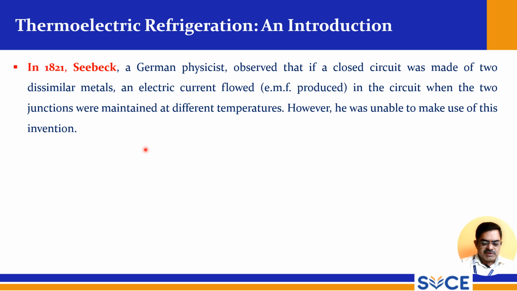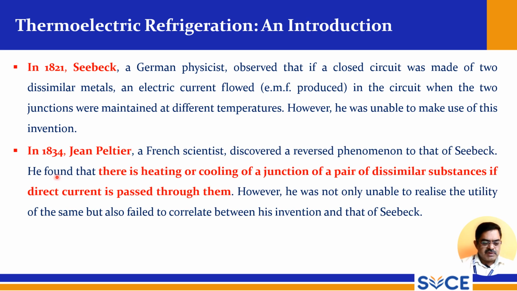This cold junction is the basis for the thermoelectric refrigeration system; he did not find the system, but he gave this idea. Then in 1834, Jean Peltier, a French scientist, discovered the reverse phenomenon of the Seebeck effect.